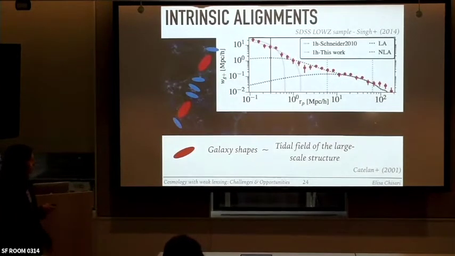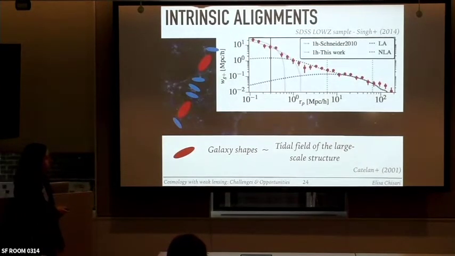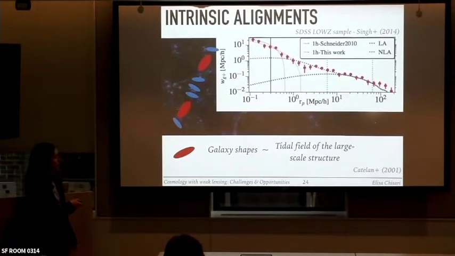So from the SDSS data, we know that galaxies align to very high significance. This is a correlation function of the alignment of one red galaxy with respect to the position of another red galaxy. And the fact that these points are different from zero is telling us that indeed they point towards each other. The model is very successful on the linear scales. That's the blue curve over here.